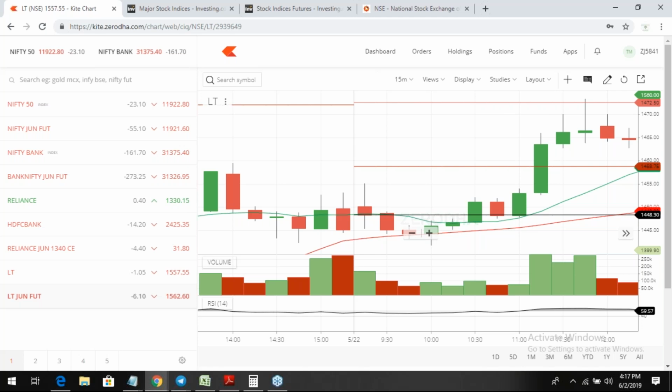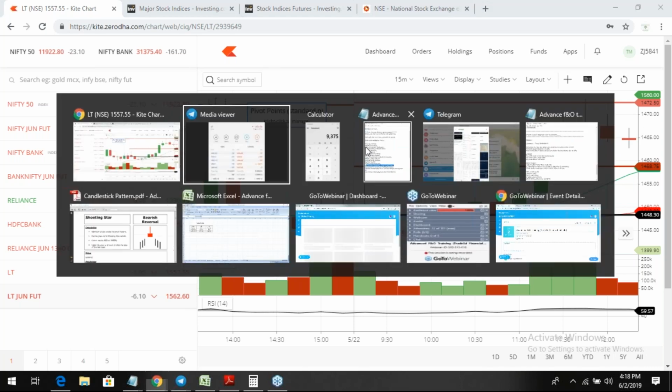I get a very small loss here in spot, but how much profit have they made? 1% means 25 rupees. And do you really think they bought at the same price? They bought more than this. Is it a wonderful strategy?